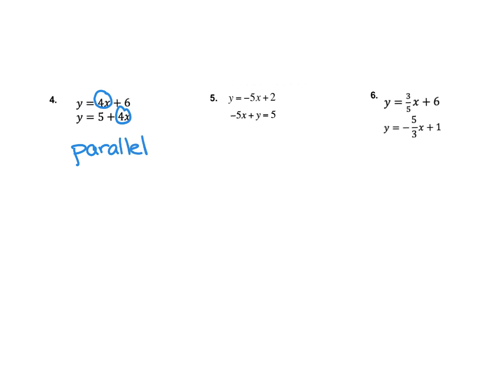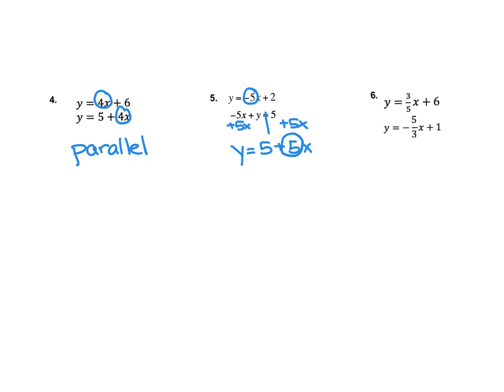Our next set of lines, our first line, notice how we have a slope of -5. That one has been solved for y. But here I need to get the y by itself, so I'm going to add the 5x to bring it to the other side. And we'll have y is equal to 5 plus 5x. And so we have a positive 5 for a slope. Now, notice how one's positive, one's negative.